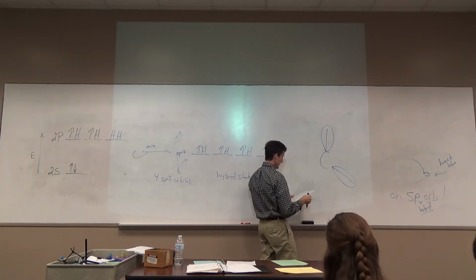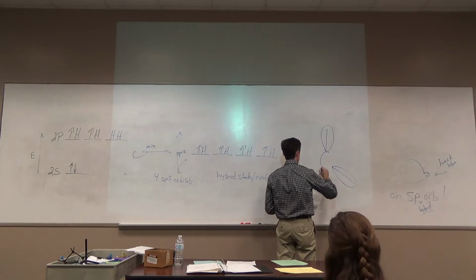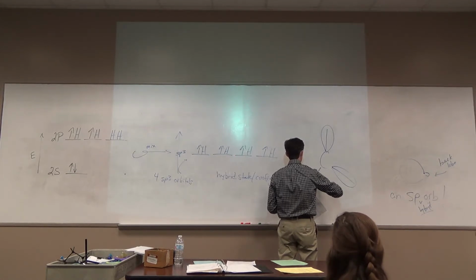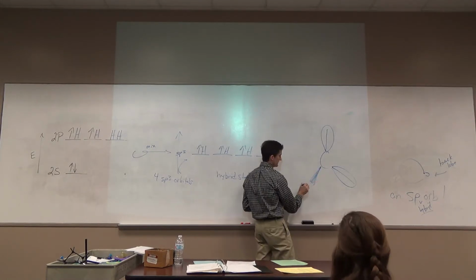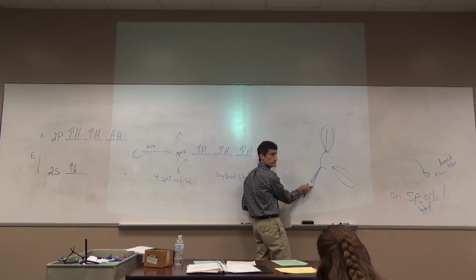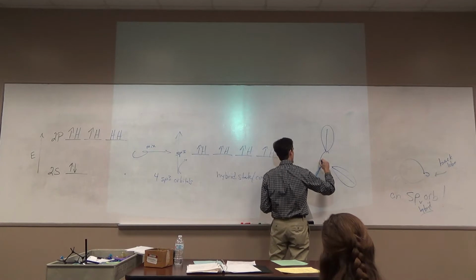The other 2, we're going to have projected this way, but it's going to be a little bit forward. Okay? And we do that with a bolded line. It gets bigger as it comes closer towards you. And the other one is going this way, but it's going kind of away from you.